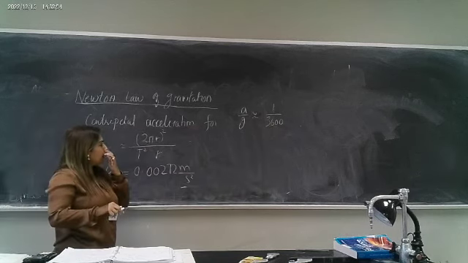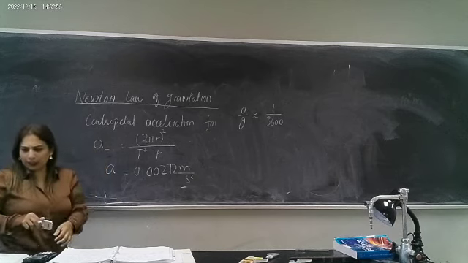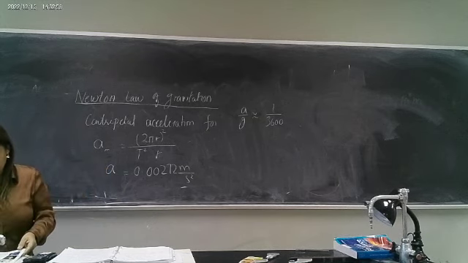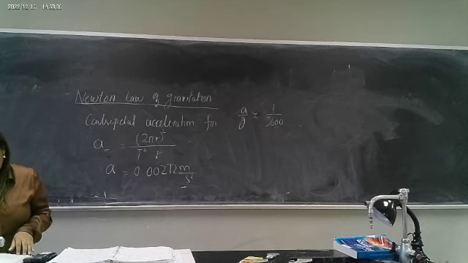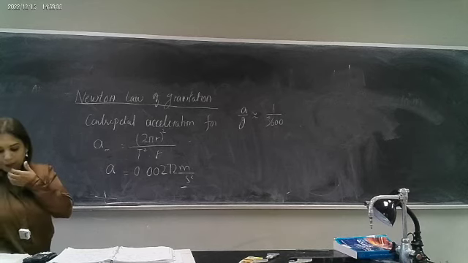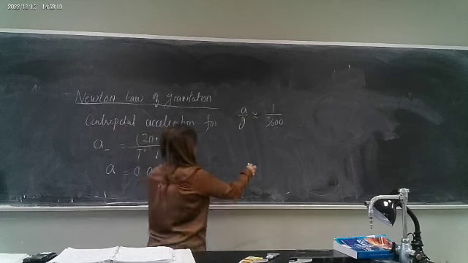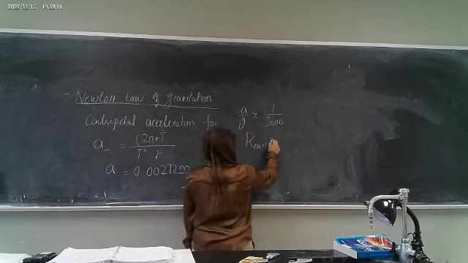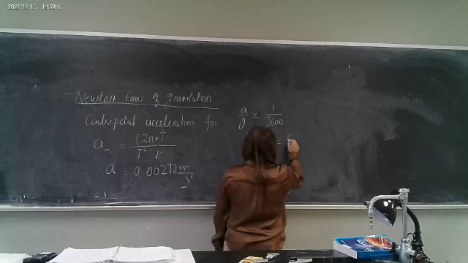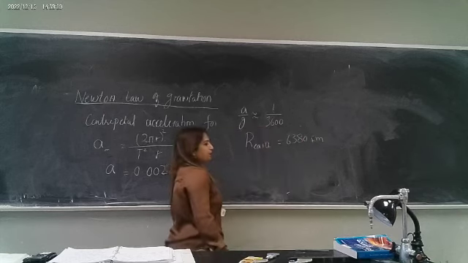Now, the radius of the Earth is about, let me get the exact number, 6380 kilometers.